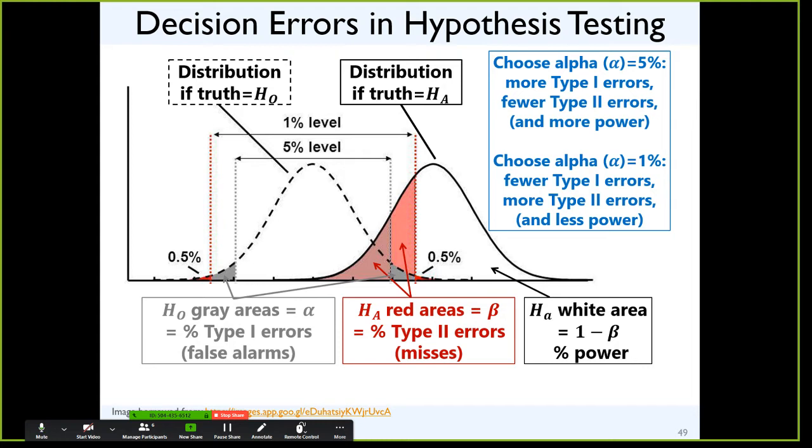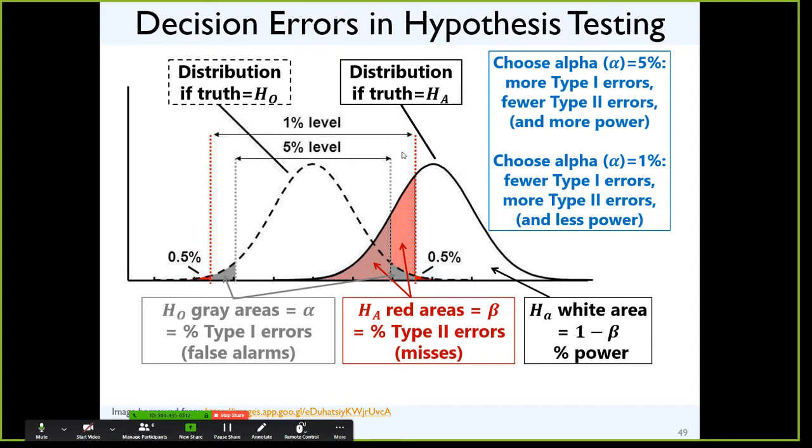So if you're worried about making an error, if you're worried about making a false positive, bump your alpha down. And then you have less of the distribution that would be considered unexpected. But then the trade-off is that you're more likely to make more type 2 errors. You're more likely to miss something. You make it harder to find something.